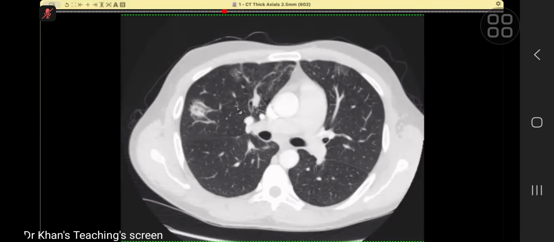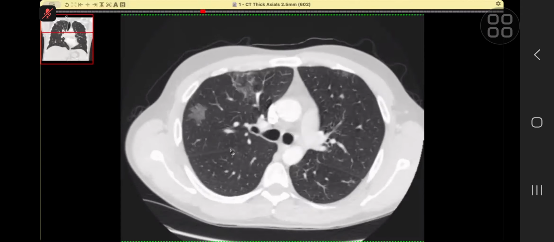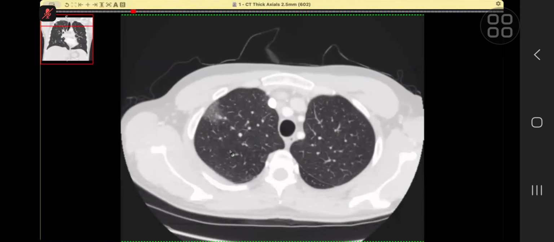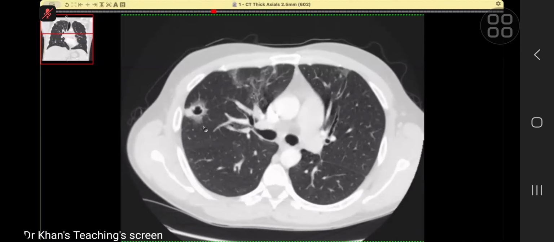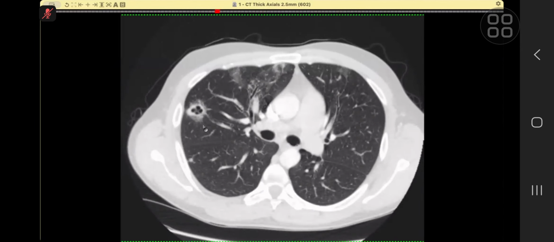In this lung window, I can see multiple areas of ground glass appearance distributed in both lungs. Here in the right middle lung lobe, I can see a cavitary lesion surrounded by a ground glass appearance, giving the nest bird appearance.